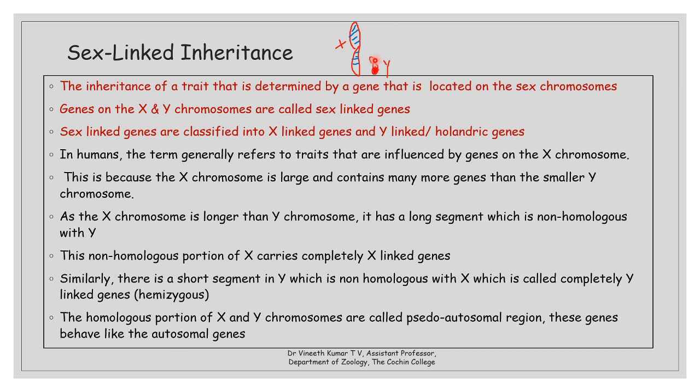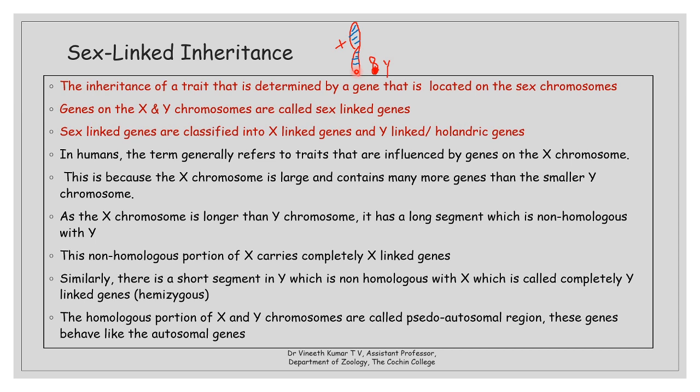As we said, there is a homologous portion, the uncolored region. These genes show homologous regions in both the X and Y chromosomes, and these are called pseudo autosomal regions. They are called pseudo autosomal because they behave just like normal autosomal genes.